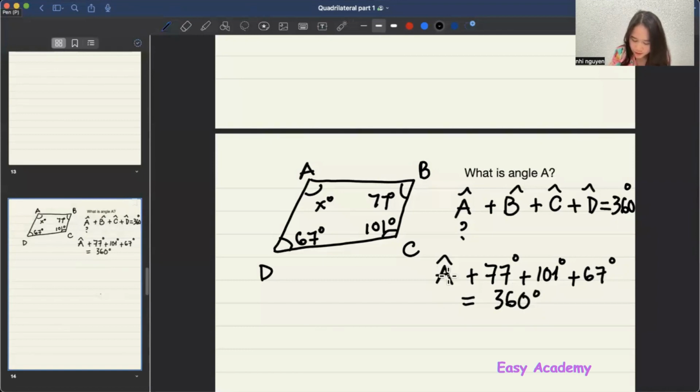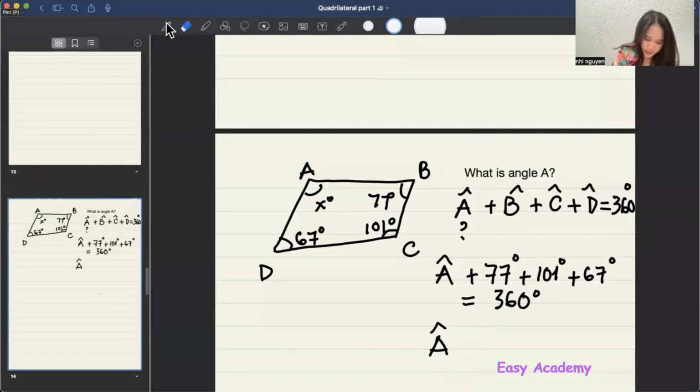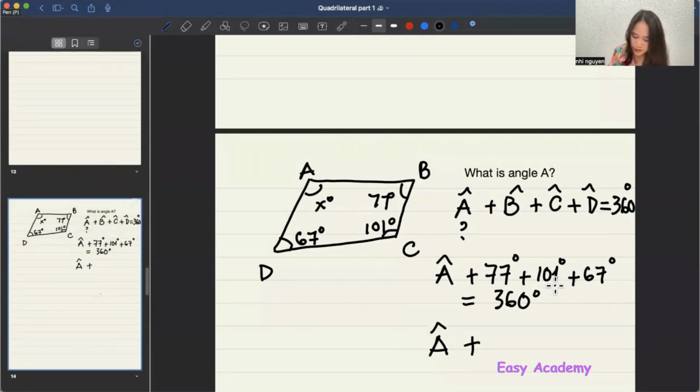So now we just solve for angle A. Angle A plus, we add up 77 plus 101 plus 67, which is 245 degrees, equals 360 degrees.